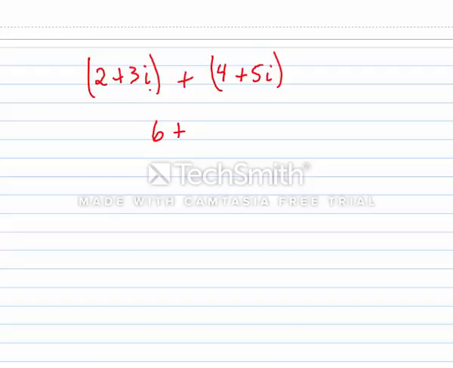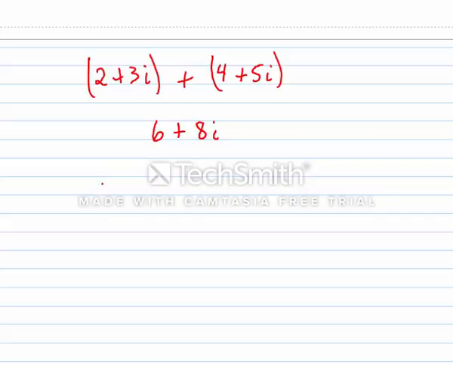If we have two complex numbers, say 2 plus 3i, and we add 4 plus 5i, then we just add the corresponding parts. The real parts are 2 plus 4, we get 6. And then we have the imaginary parts, 3i plus 5i, so that's 8i.